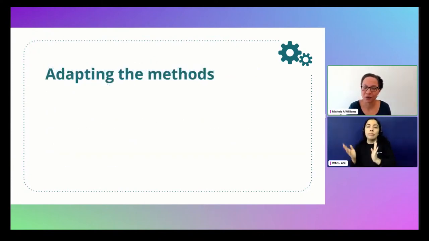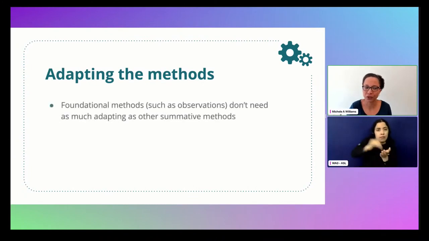The next thing that comes to mind, though, is usually how. How do we get into that? I'm not going to spend the remainder of the talk going into that in too much detail. I'll return to that towards the end. But also note that particularly when we're talking about foundational methods like observations, they don't need as much adapting as other more summative methods like prototype testing.